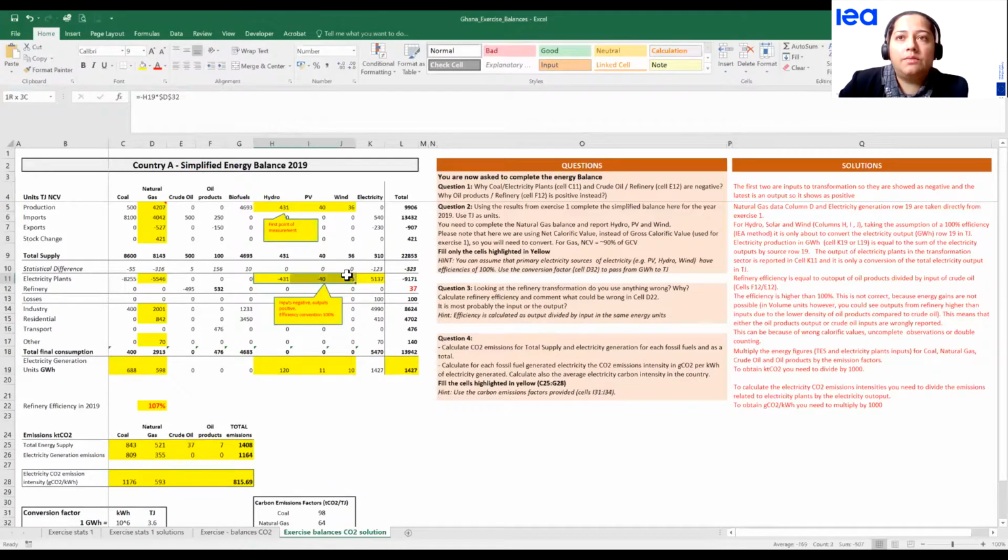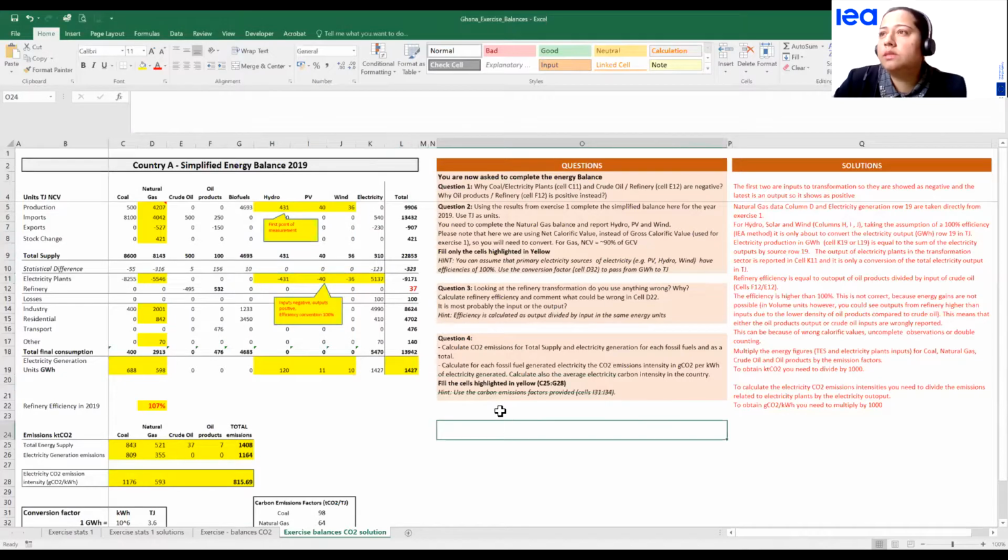For electricity, it's just the total electricity generation, in different units, so you just convert it to terajoules. And for production, it's just the amount of input, but you remove the negative sign. So that was it for this.